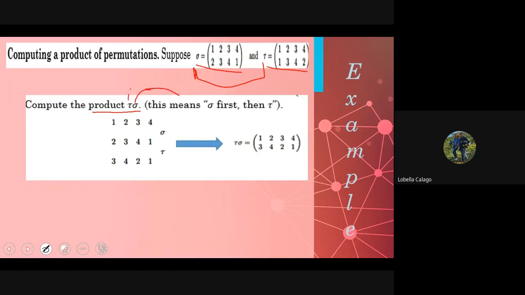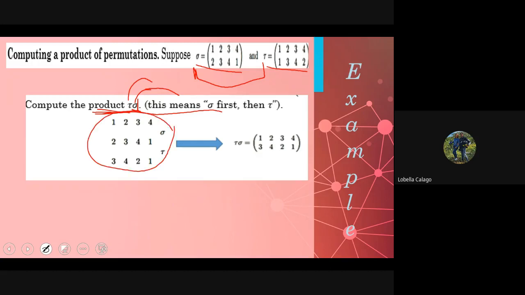Ganun po yun, ang pagkuha ng product ng permutations. Kung sino po yung in-announce na huli, yun po mauna. Tapos, kung sino yung nauna, yun po yung mahuli. Kaya nga sinabi dito, no? Since you're getting the product of this one, it means that we're going to get the omega first, then the theta.